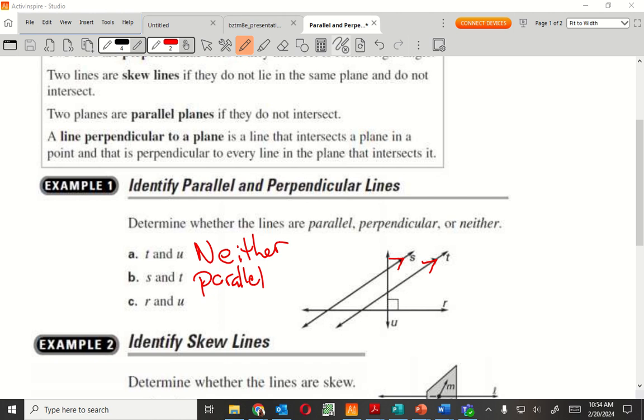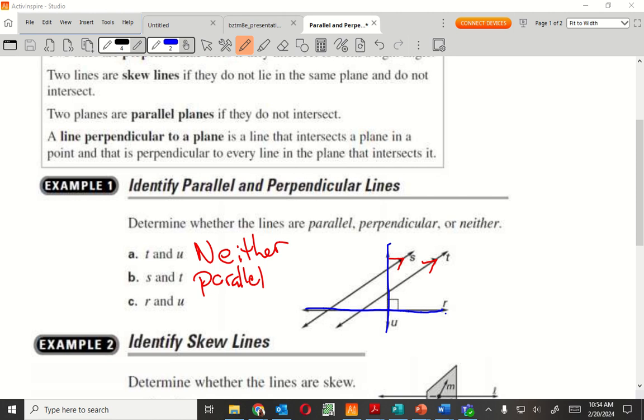And the next one's going to be R and U. Here is line R. Here is line U. And where those two lines intersect, if they're crossing, that means definitely they're not parallel.